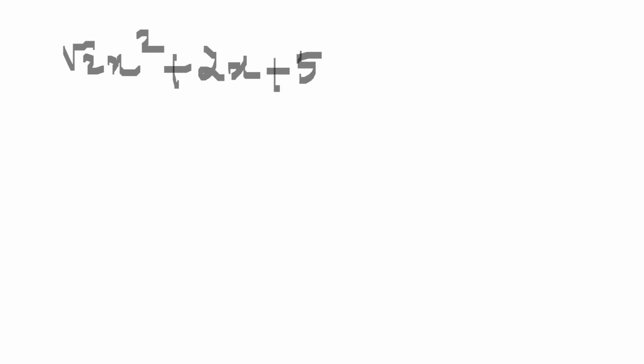Now grouping the terms and then taking out the common factor. So I'm going to write root 2x square, 7x we are going to split as 2x and 5x, plus 5 root 2 equal to 0.